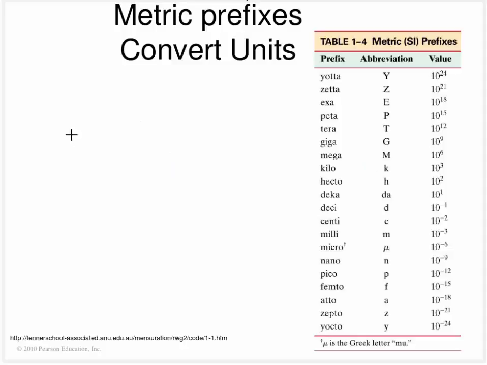So let's go ahead and get some practice with this. Suppose I had something that was, let's say, 300 kilometers long, and I wanted to convert this into meters. I come over here and say, aha, there's my kilo, and I know that that's going to be a factor of 10 to the 3rd. So in 1 kilometer, there's going to be 10 to the 3rd meters.